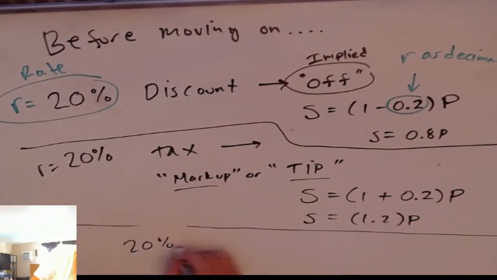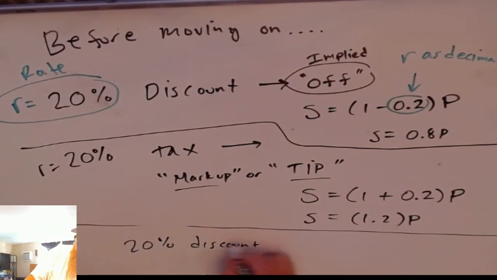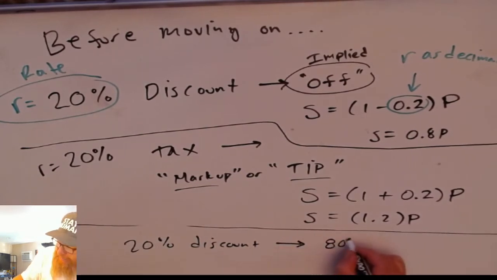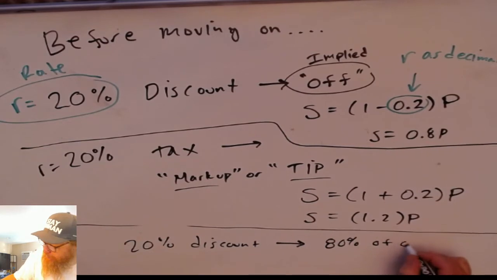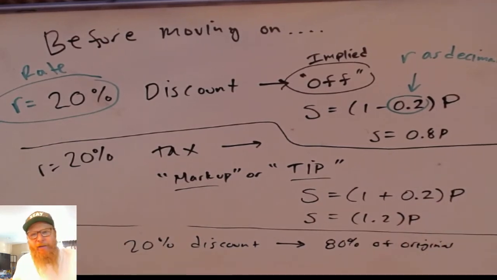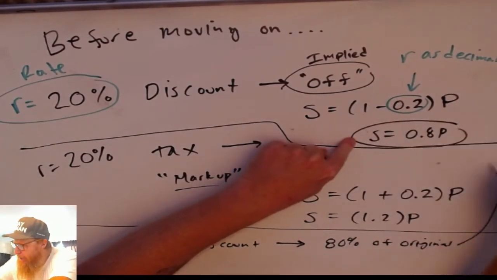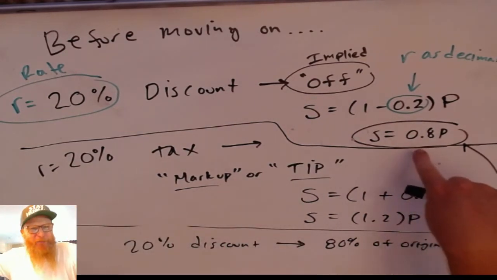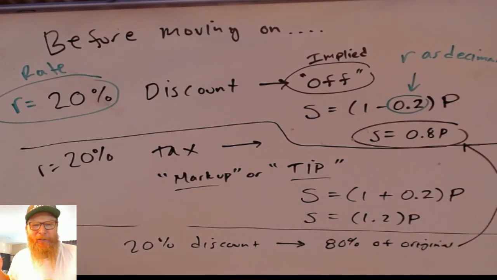A 20% discount means the same thing as 80% of the original. It gives you a quick way of getting here very quickly: read the question, see what it says, and jump right to here. It gives you a much easier time solving the equation.